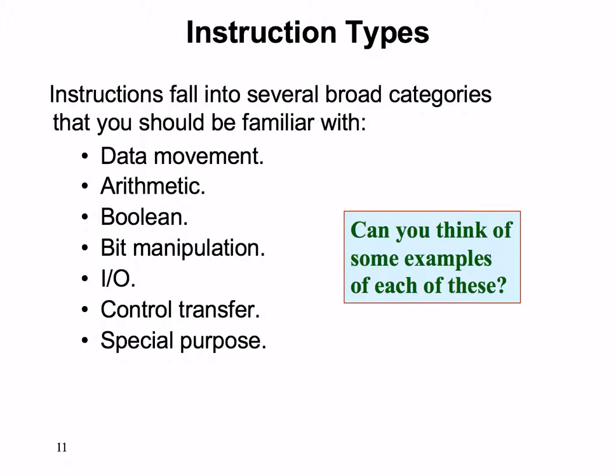So the student can read more detailed information on the different instruction types for the different categories in the textbook, and you may think of some examples of each of the categories.